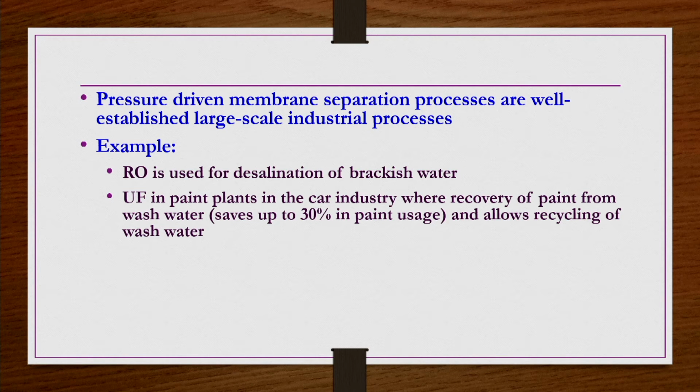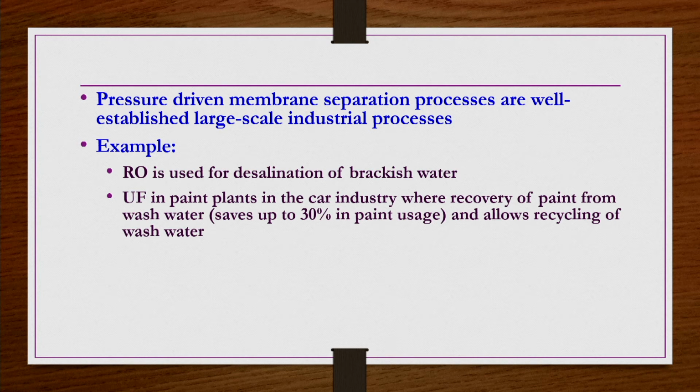Then ultrafiltration in paint plants, like car industries, where the body parts of the car are colored with different kinds of paints. When you do this painting, a large amount of paint goes waste, and that paint has to be washed out.